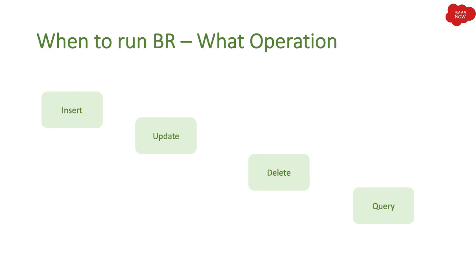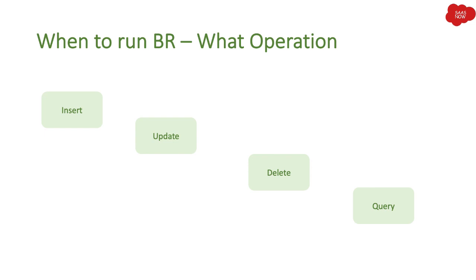Then you decide, okay, in this particular operation I will run that business rule. So if the user is inserting the data, that means insert; updating the data, update; deleting the data, delete; or querying. These are the four operations which a user will take, and then you will decide, okay, this kind of condition should be met and run the business rule.